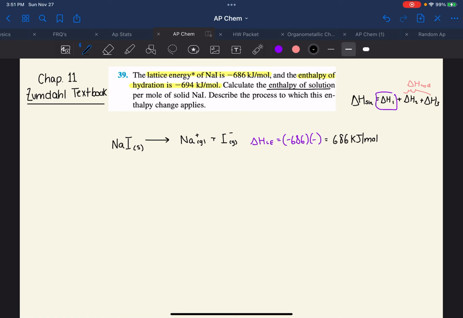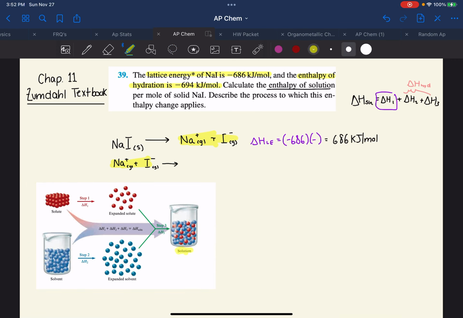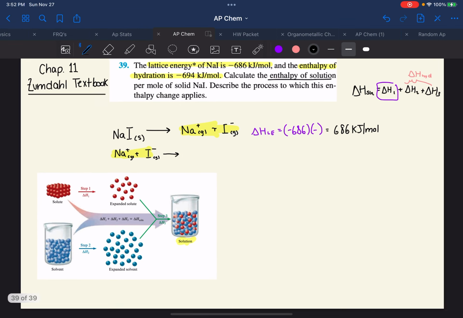And now for our next part, we have our delta H of hydration. So that is our sodium ion and our iodide ion, both as gases. And these are coming from here, and then in step 3, as we just discussed with the graph, this is how it forms into the solution. We have to consider that when it's in the solution with the solvent, it's now going to be aqueous.